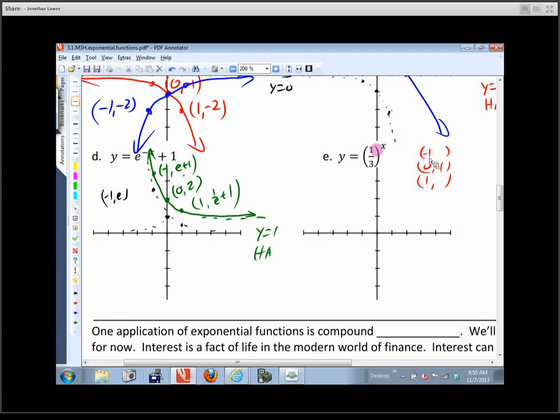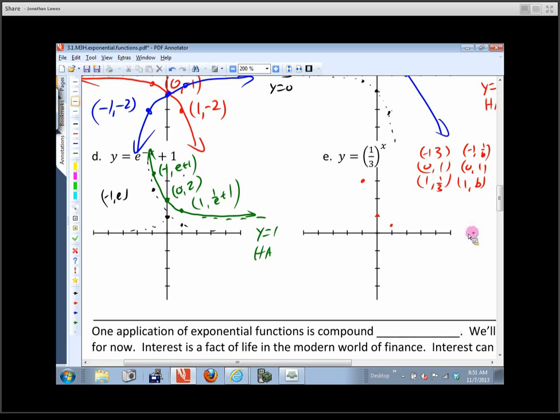If I plug it in and it's in the exponent? Reciprocal. What's the reciprocal of the base? 3. If I plug in a 1, I get whatever the base is. So those are those same 3 points, -1, 1 over the base, 0, 1, and 1 comma whatever the base is. So this is -1, 3, 0, 1, and 1, 1/3.